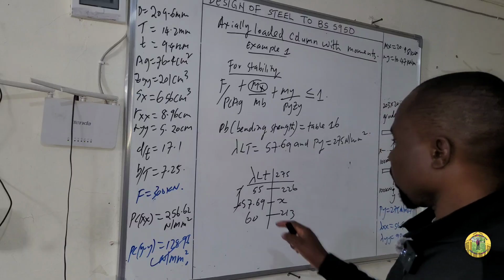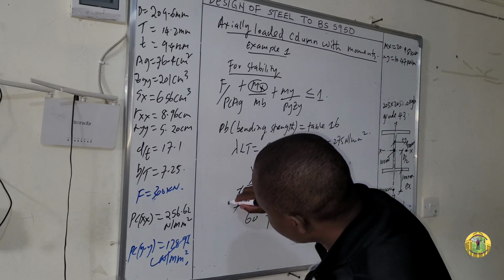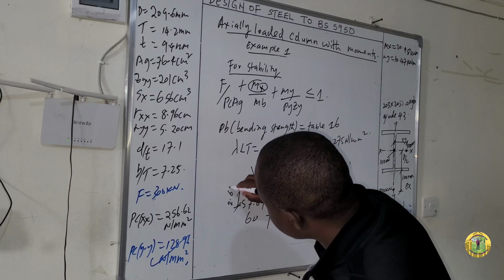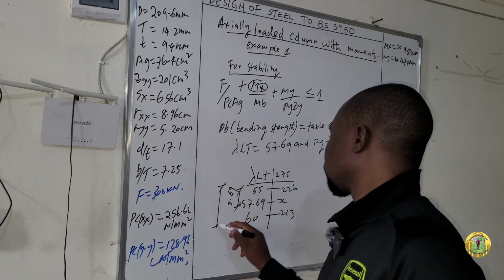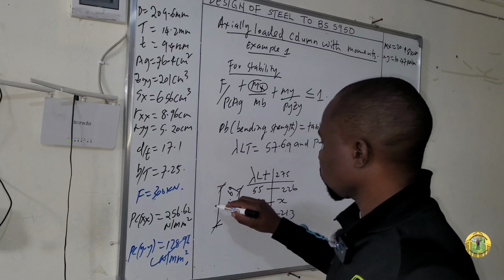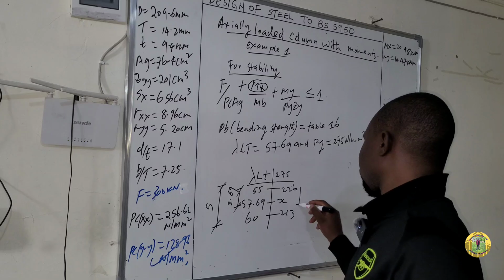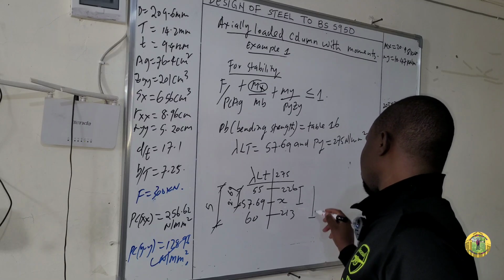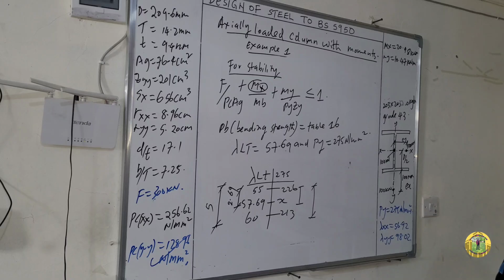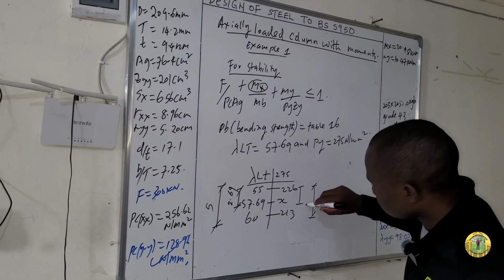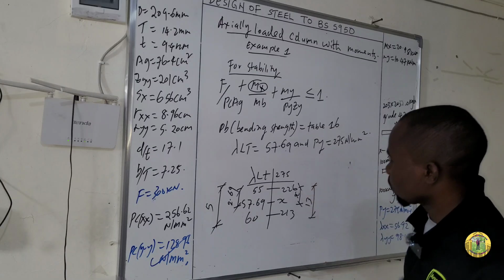Again, we'll do the difference. 57.69 minus 55 is 2.69. 60 minus 55 is 5. 213 minus 226 is 13, and here is x.